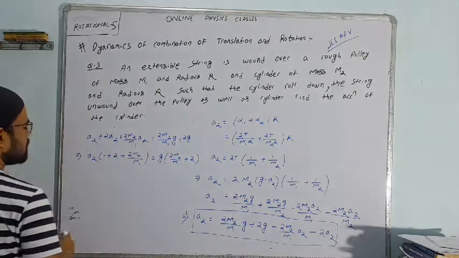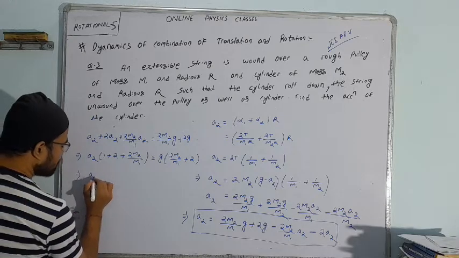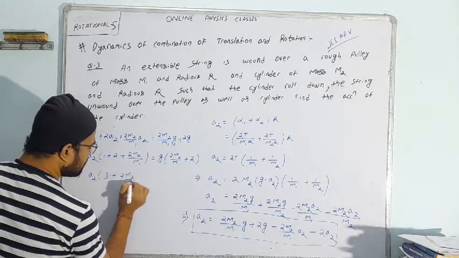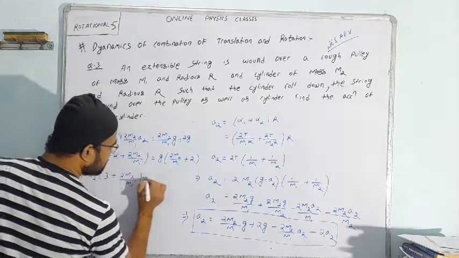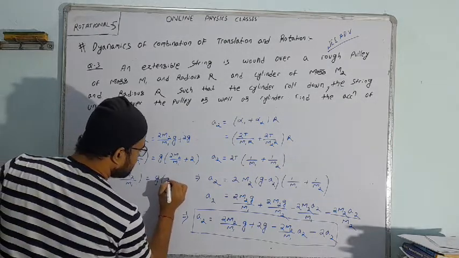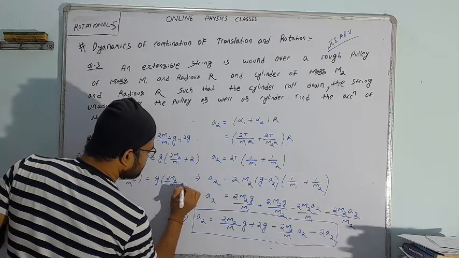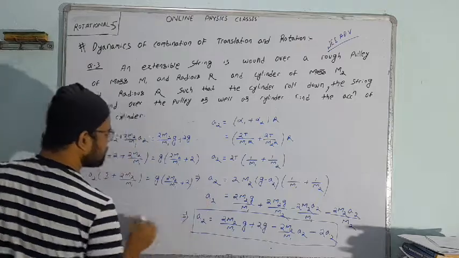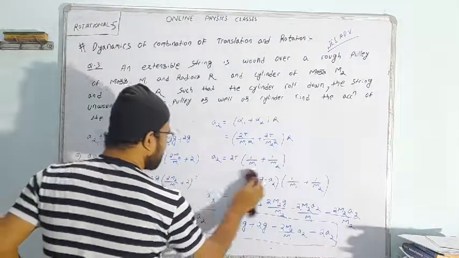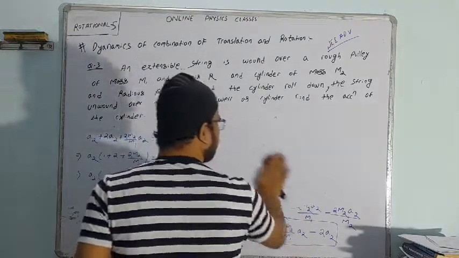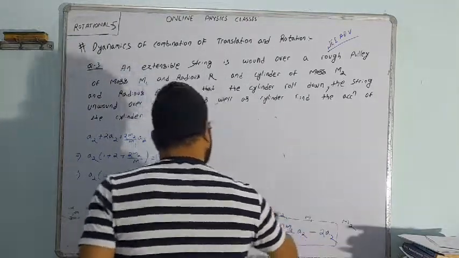Now if you solve this equation, a2 times 3 plus 2m2 by m1 is equal to g times 2m2 by m1 plus 2. Now solve this equation. How can you solve this equation? Very simple.